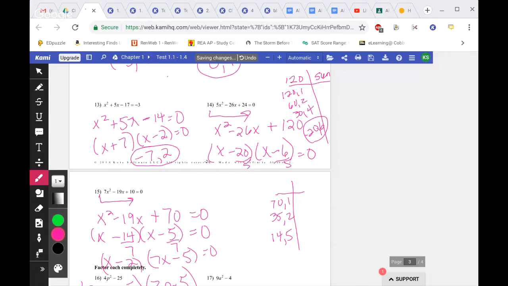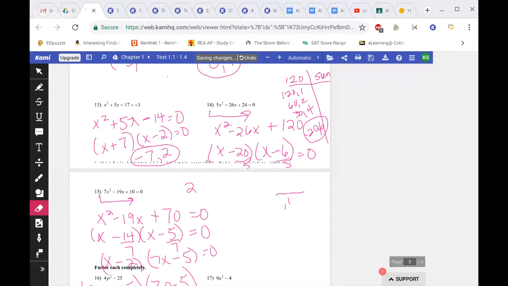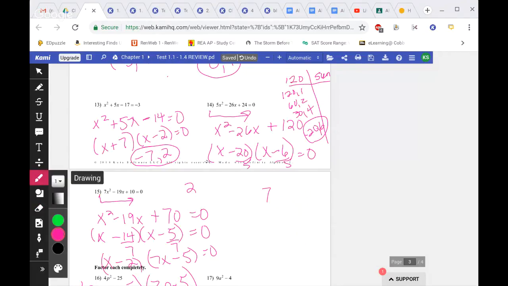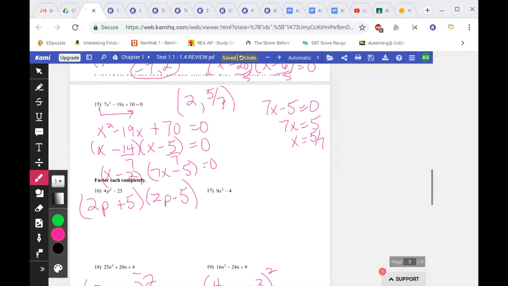So I know that my answer is 2. Then I take 7x minus 5, set it equal to 0 and solve. So my final answers are 2 and positive 5/7. Wait, could you scroll down real quick? Because I can't see. Absolutely. There you go.